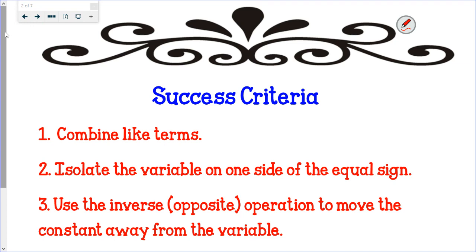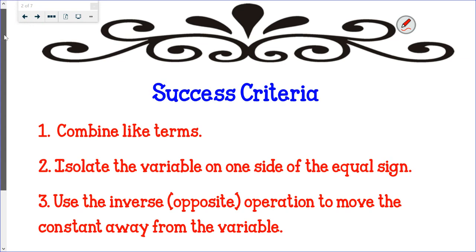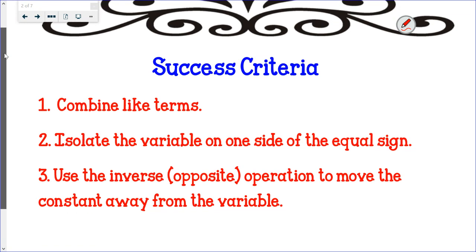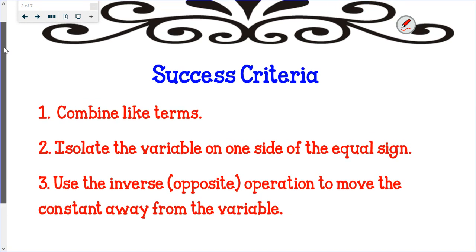Okay, to go over the success criteria again. If we have more than one term that are the same, that are like, we have to combine them before we can solve the equation. Number 2, we need to isolate the variable on one side of the equal sign. And to do that, we use the inverse or the opposite operation to move the constant away from the variable.